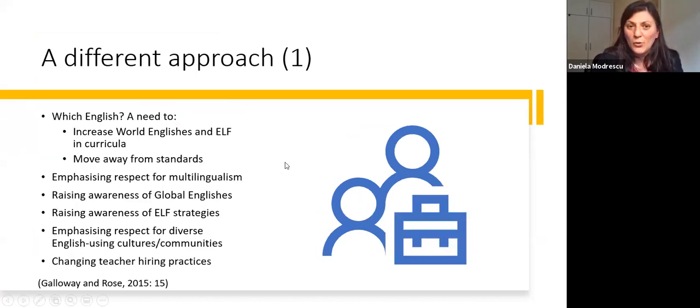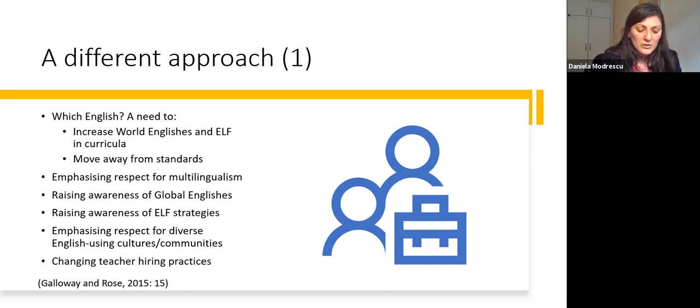One proposal for curriculum design in English language teaching is to consider which English and increase exposure. It doesn't mean that we teach a specific standard or a specific English, but we increase exposure and make learners aware, this is what they suggest, Colin Rose and many others along with them.